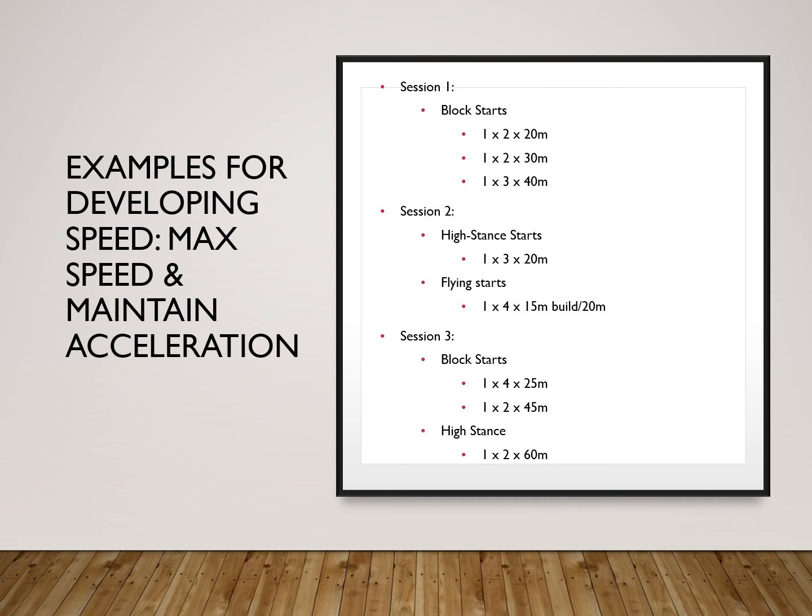But then we start to develop some high stance starts, so getting into the max velocity running position from the get-go, but also utilizing flying starts, so using some distance to build up speed so that once they enter into the maximal velocity running for around 20 meters, they've already gone through that acceleration phase so they can get into the correct body position for maximal velocity running.